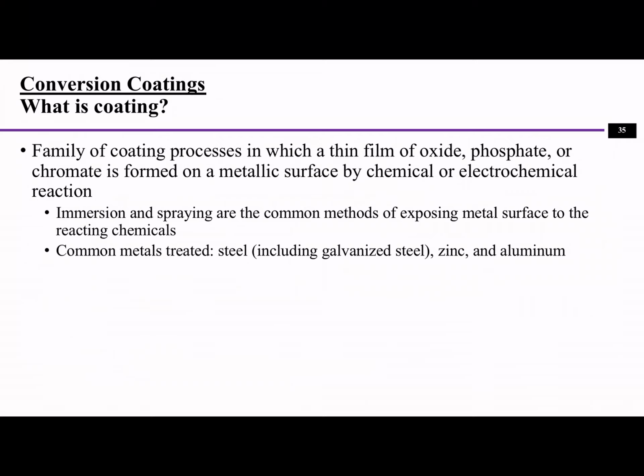Immersion and spraying are the common methods of exposing the metal surface to the reacting chemicals. Some of the common metals treated are steel, zinc, and aluminum. Steel also includes galvanized steel.